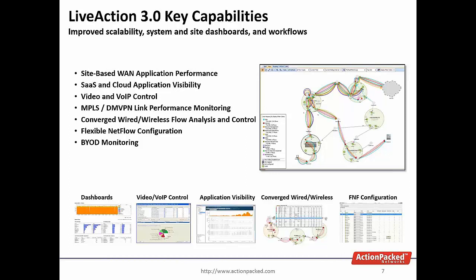We've also enhanced the video and voice over IP control that we'll show you with Medianet today, and added functionality for MPLS and DMVPN link performance monitoring. We're also handling wired and wireless converged networks for flow analysis and control. We support flexible NetFlow configurations, and we also play well now in bring-your-own-device monitoring to analyze performance as well.